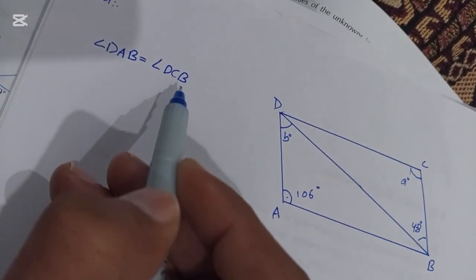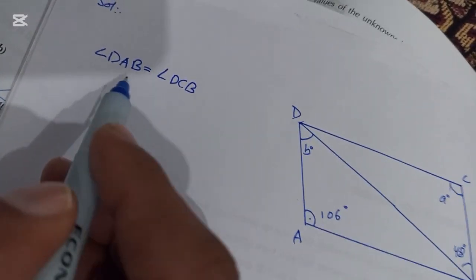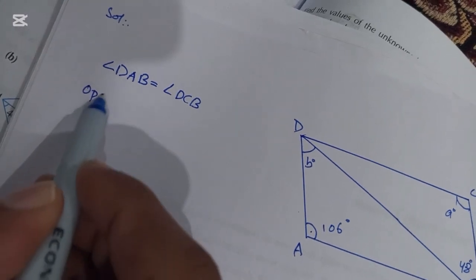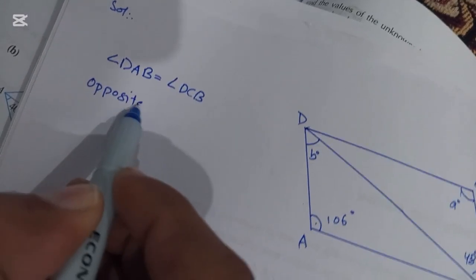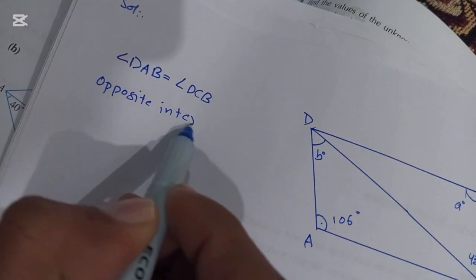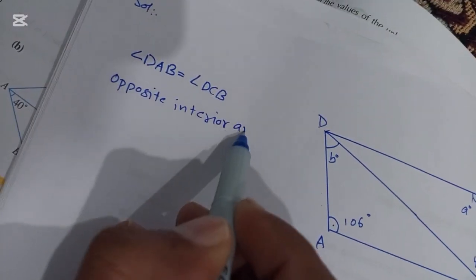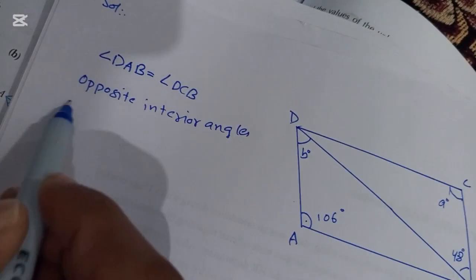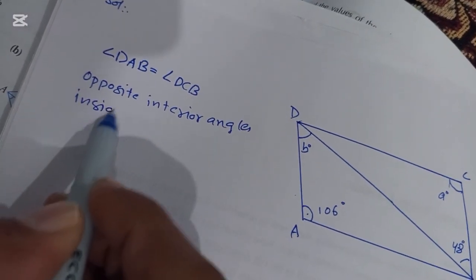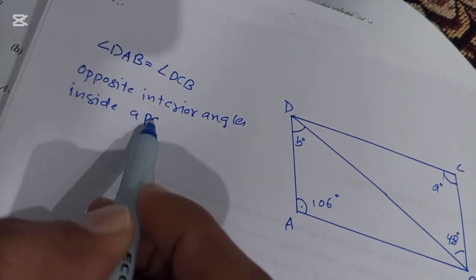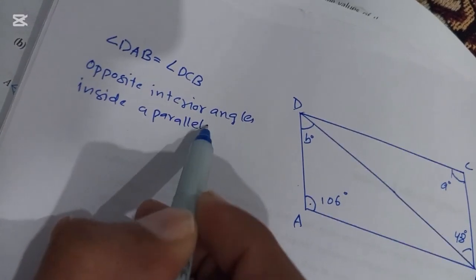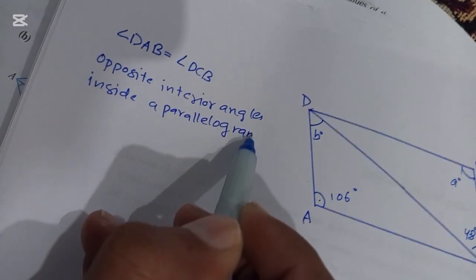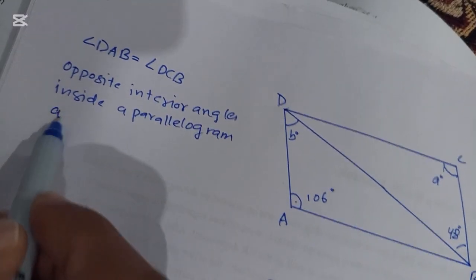Now we have to mention the reason why I made them equal. The reason is that opposite interior angles inside a parallelogram are equal.